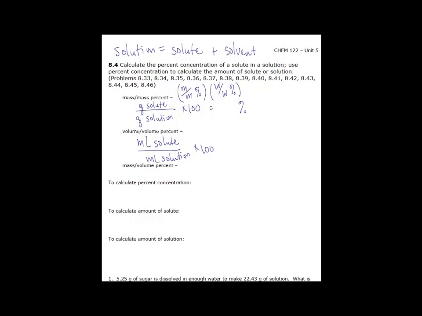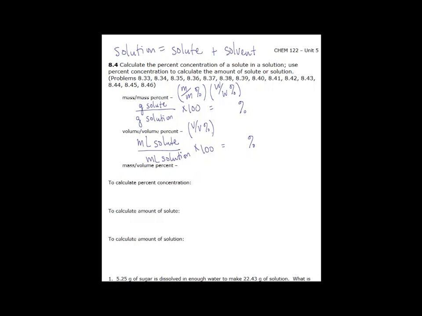You could have liters of solute over liters of solution, and that would still be volume percent. Most frequently, we will see milliliters used for volume percent. Just like with mass percent, your units cancel out, and you're just left with a percentage. A common abbreviation for volume percent is V over V percent.